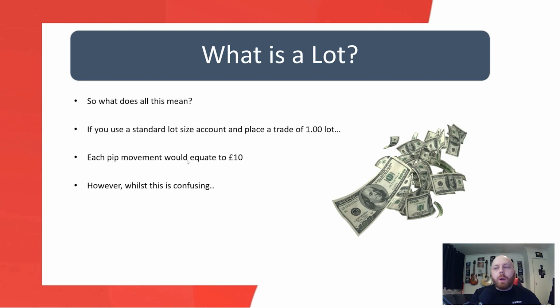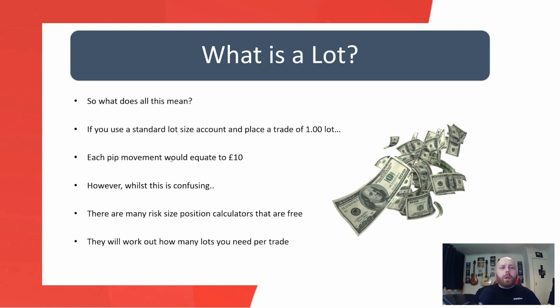And whilst this is confusing, and you may think, God, I can't work that out every trade, don't worry about it. There are what we call risk size position calculators that are free, and they will work out how many lots you need per trade. So let's say, for instance, you want to buy the pound versus US dollar. You know where your stop loss is going to be, which means you know where it's going to stop you out if it goes against you, and you know it's going to move 25 pips, and that's your max, and you only want to risk £10, say, on that trade.